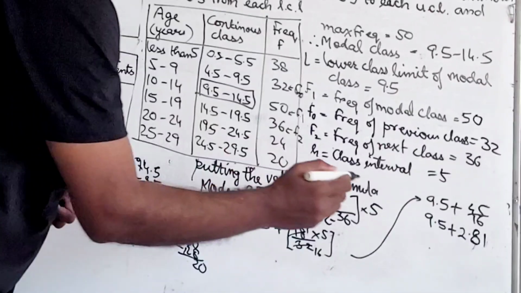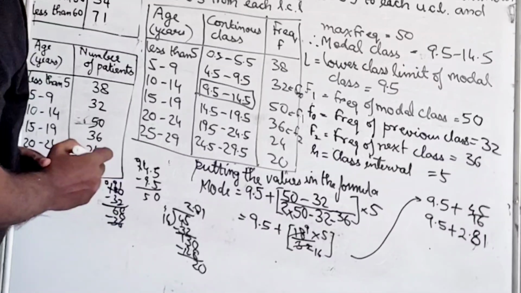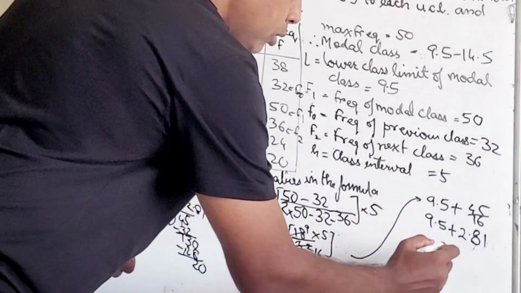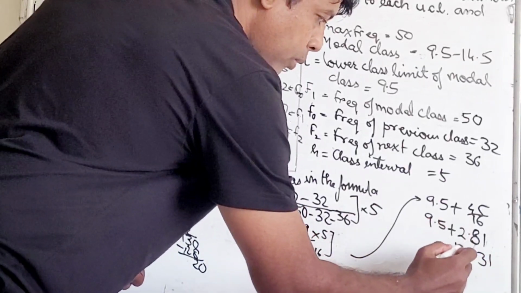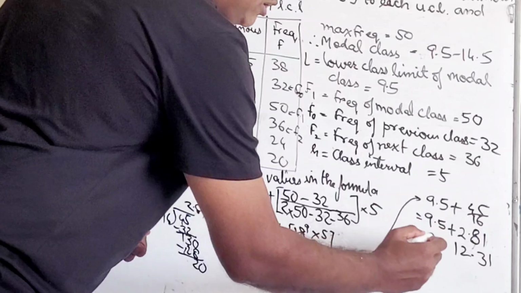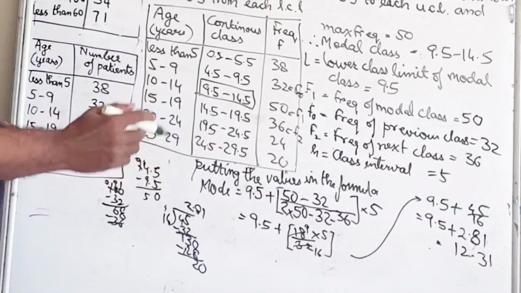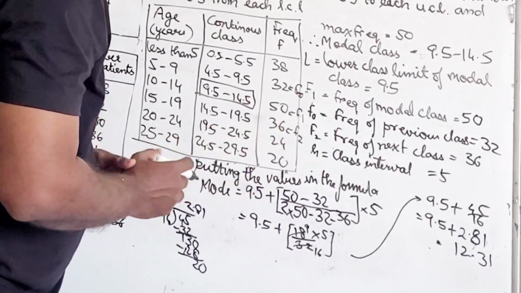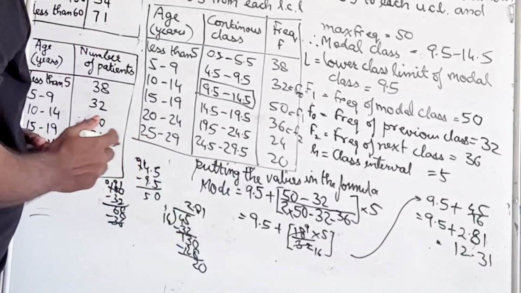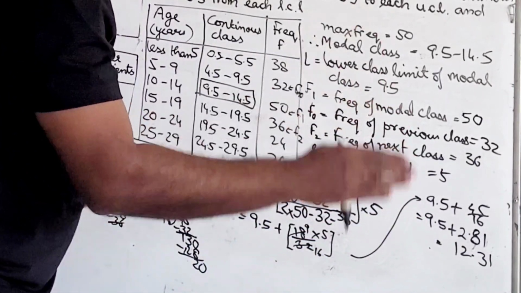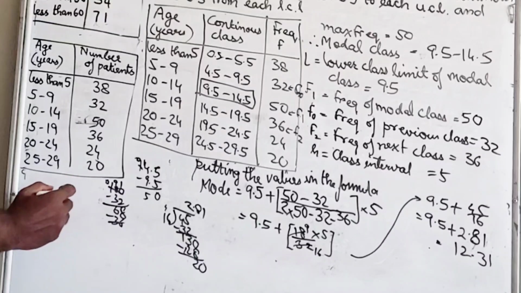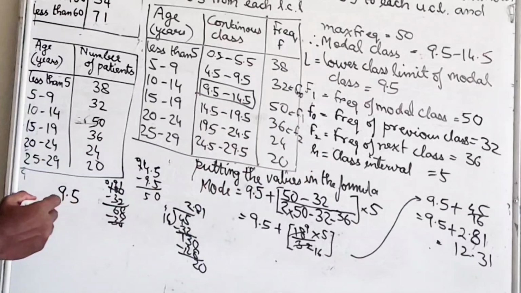Now you add it. 9.5 plus 2.81. While adding, see that you write the places properly. Under the unit place, there will be unit place. For example, students don't write the units properly under each one of them. Like we have 9.5 and 2.81.